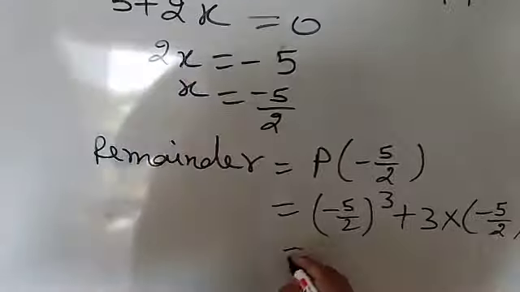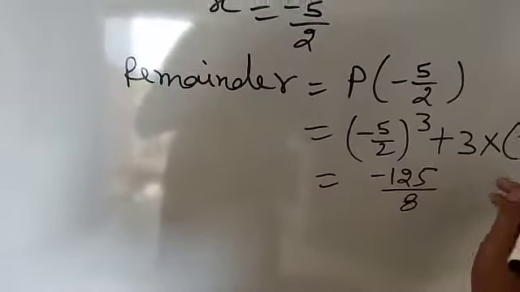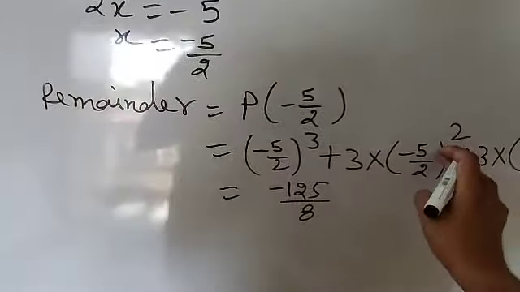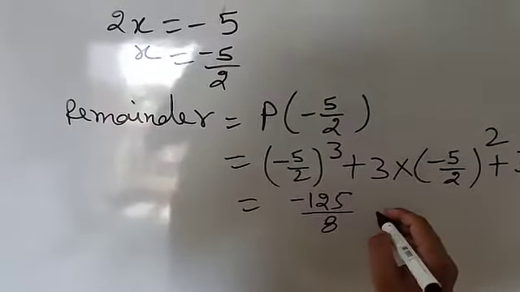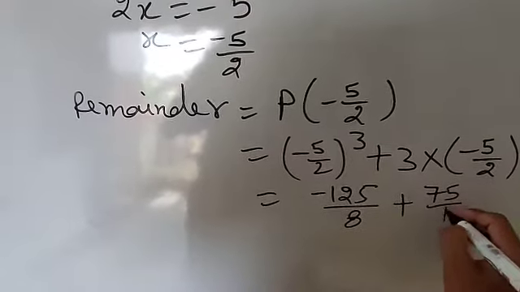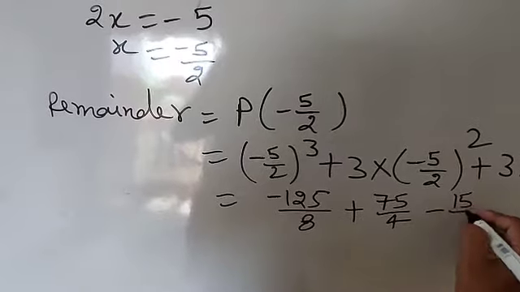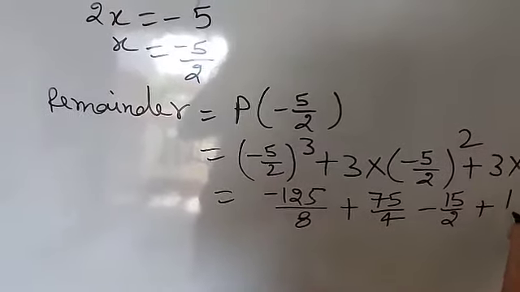Now minus 5 by 2 cube will be minus 125 upon 8. Minus 5 by 2 square will be 25 by 4, and 25 by 4 into plus 3 equal to 75 by 4. 3 into minus 5 by 2 will be minus 15 by 2, plus 1.